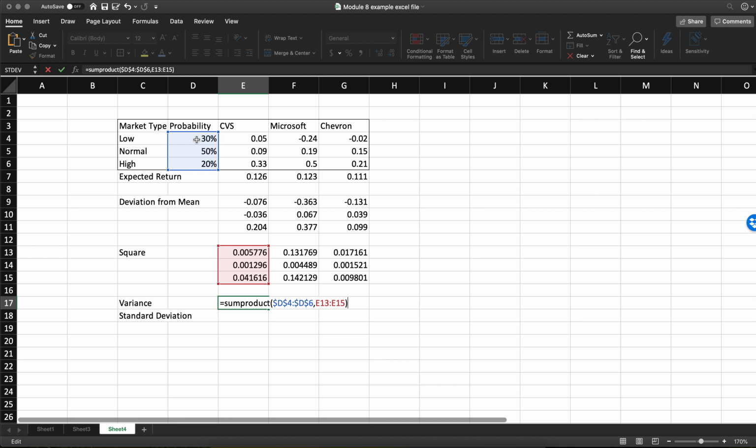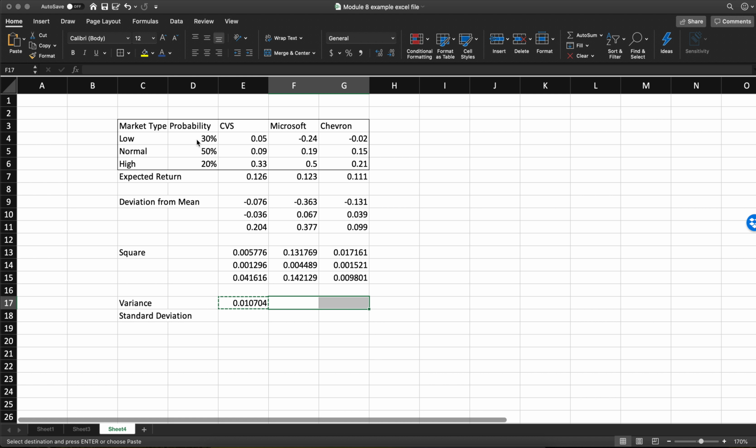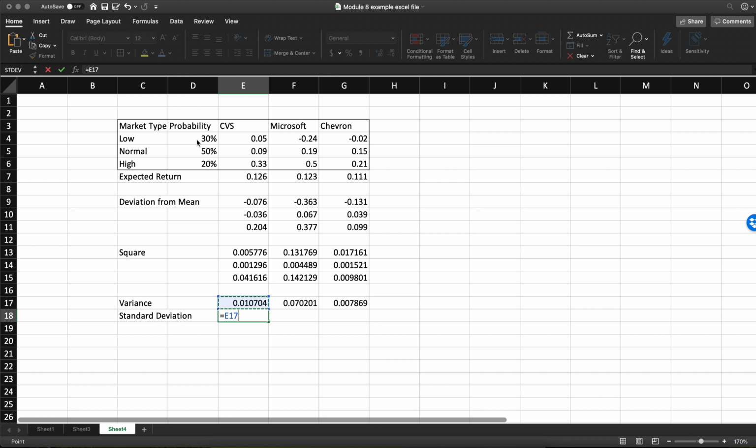And so we need to weight the variance for each of the individual observations by the probability of it happening. And then the standard deviation is that to the power of 0.5.